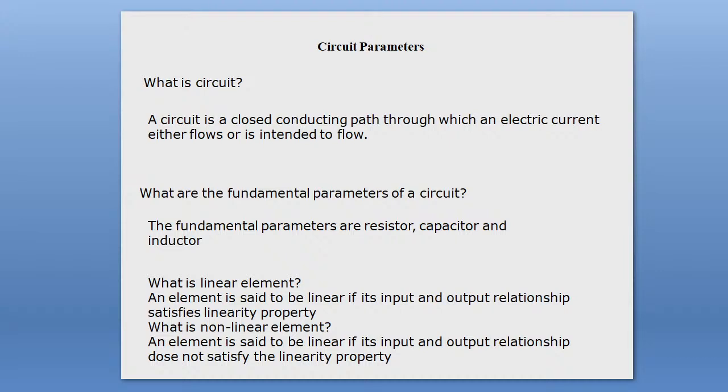Whatever you have given. Linear elements examples are resistor, capacitor, inductor, because their current voltage relationship is linear, and non-linear diode, transistor, etc., because their current voltage relationship is non-linear. Okay, thank you everyone.